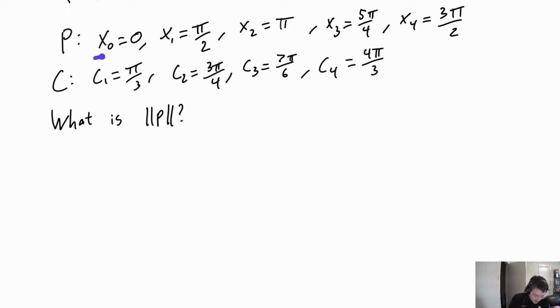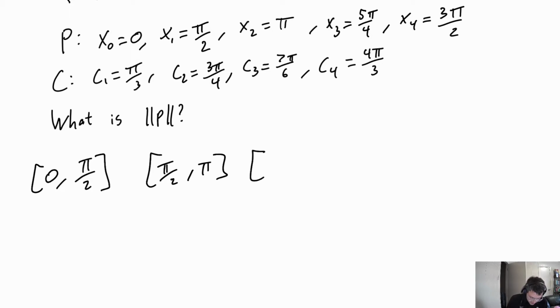So given these partition points, what we have is a bunch of different subintervals. We have one subinterval that starts at our 0th partition point, x is 0, and ends at our next partition point. So we have one subinterval that goes from 0 to pi over 2. We have another subinterval that goes from pi over 2 to pi.